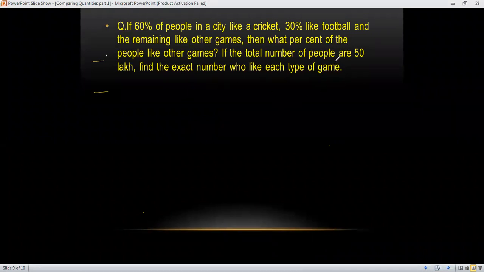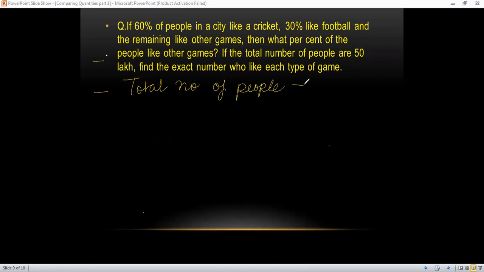So here the total number is given, that is 50 lakh. So the total number of people is equal to 50 lakh.